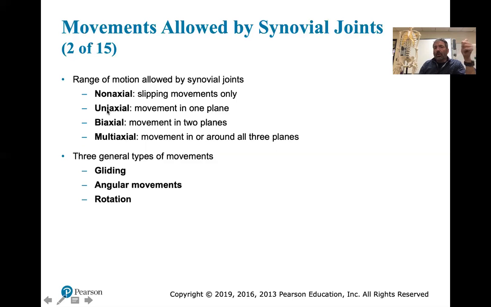All right. Uni, 1, bi, 2, multi, 3. All right, all 3 planes. And by all three planes, we just remember the sagittal, frontal, and transverse planes. So you can do more. So if you're talking about circumduction of your humerus, you do abduction, adduction, supination, pronation, all these things. Gliding, angular movements, and rotation. And then circumduction really is everything all together.